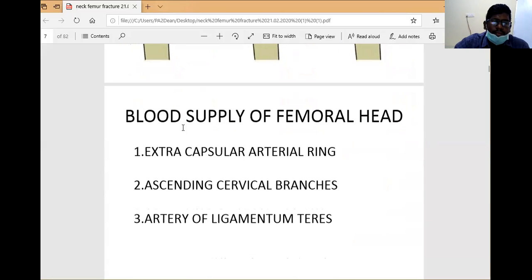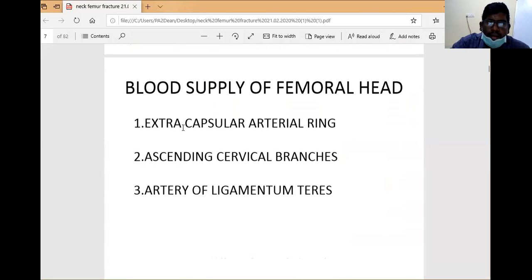And blood supply to the femoral head. Femoral head blood supply is very important, because if there is any fracture at the level of neck, the blood supply to the head is disturbed, and it may result in AVN. AVN means avascular necrosis.